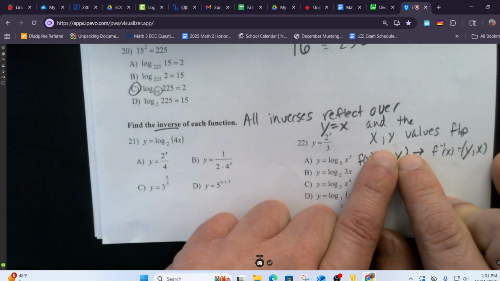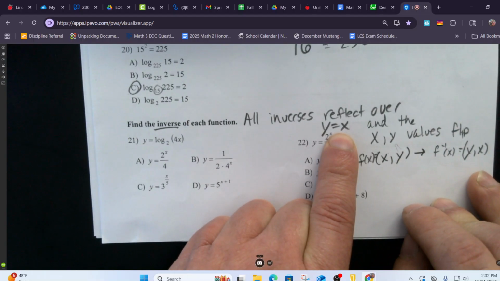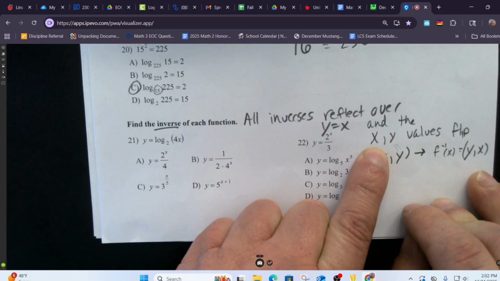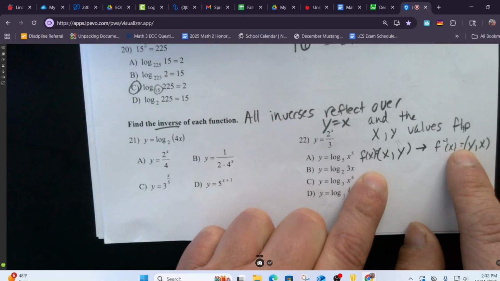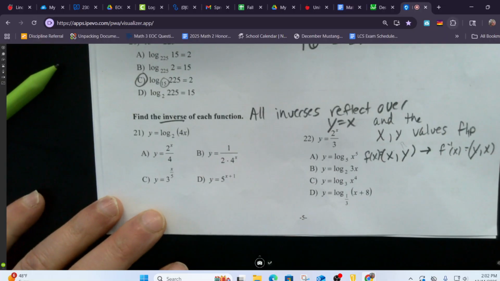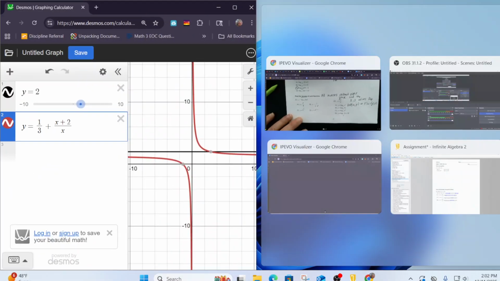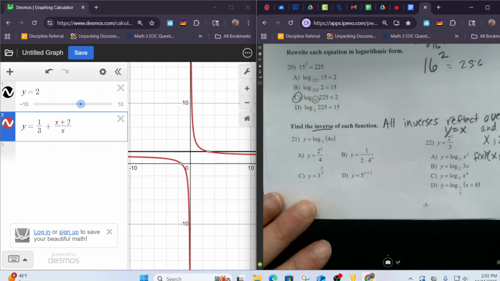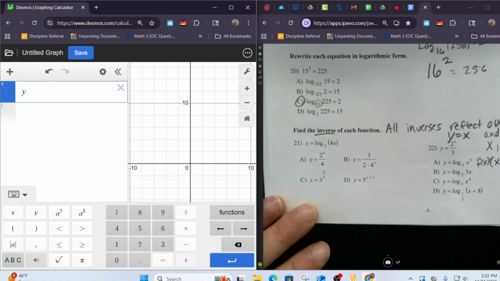So remember, there's two things. All inverses reflect over the line y equals x, and the x and y values flip from the original to the inverse. Okay. Now, if you're not sure how to do this, put your original in there.